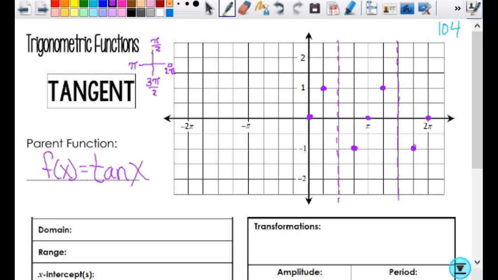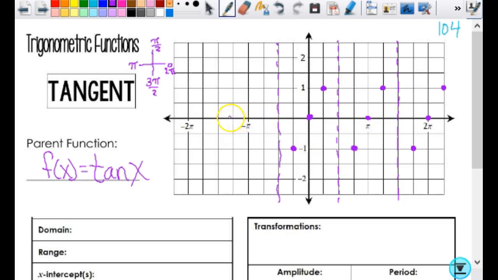Now the fourths. So, on the other side of this one, I go down to -1. And then pi fourths over, I have an asymptote. So you have an asymptote every 1, 2, 3, 4. So it's every pi.